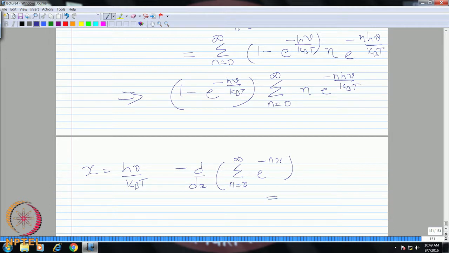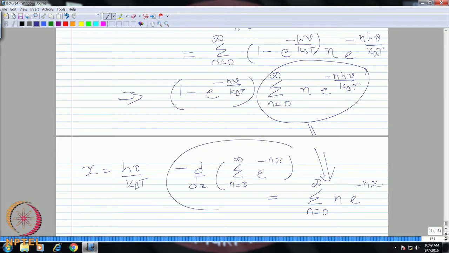Okay, so I am just giving a differentiation rule. If you differentiate this, what you should get is summation n equal to 0 to infinity n e power minus n x, right. So, therefore, this term here is similar to the right hand side of this rule. So, we can replace this with minus d by dx of this. Okay.